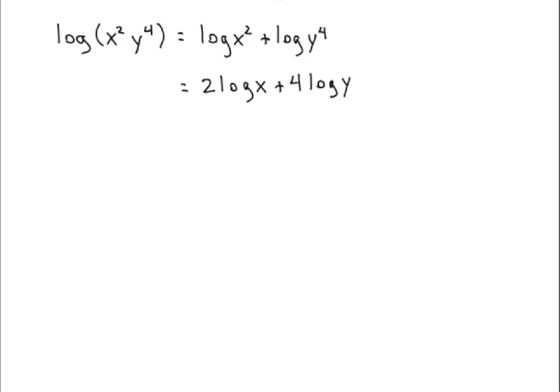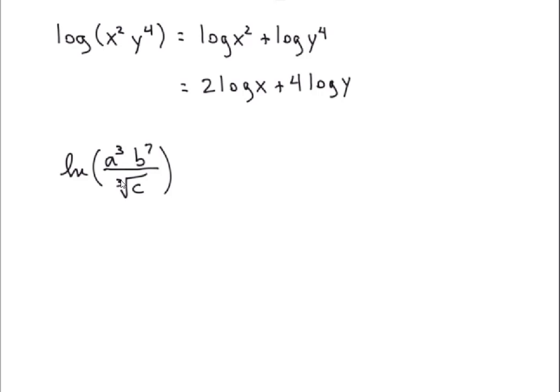We can split up even more complicated expressions. For instance, if we have natural log of a to the third, b to the 7th over cube root of c, we can split these up. The two on top are going to have positive coefficients because that's a to the positive 3.